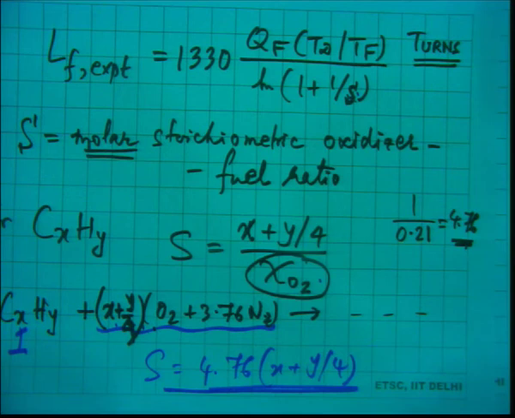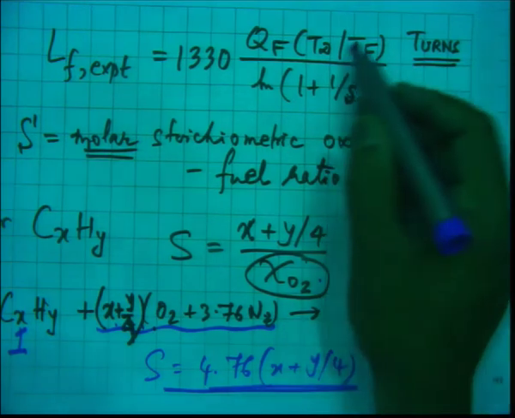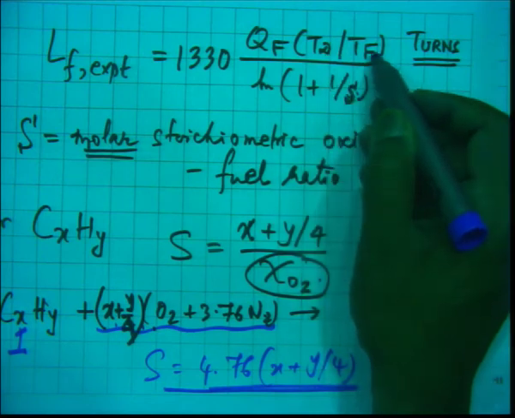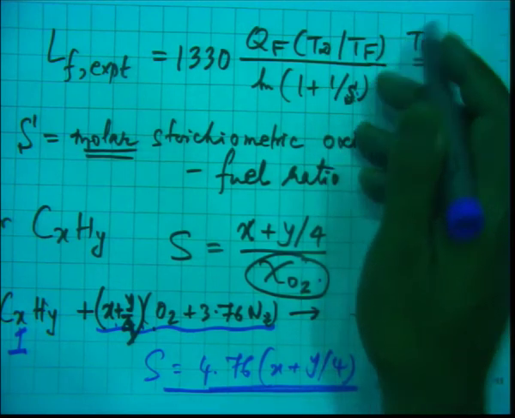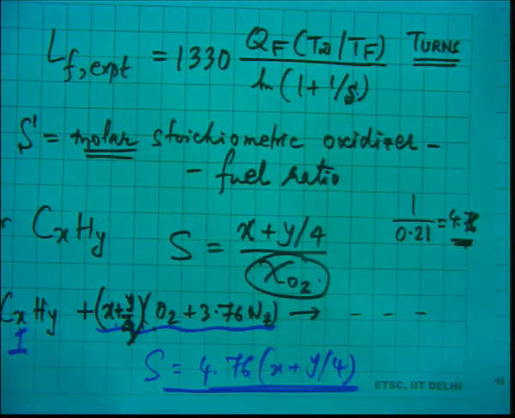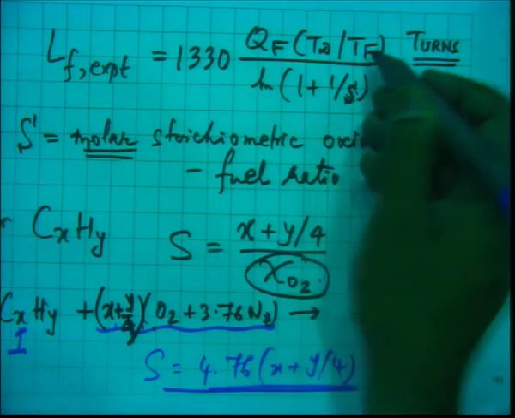So, this QF will give you the flow rate through the nozzle, and then T infinity is the ambient temperature, Tf is the fuel stream temperature. Fuel can be preheated sometimes. Okay, so this equation will help you calculate the flame length if the fuel is preheated also. So, you can have that value here.